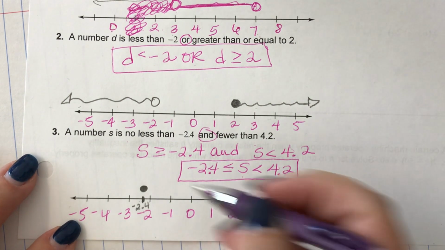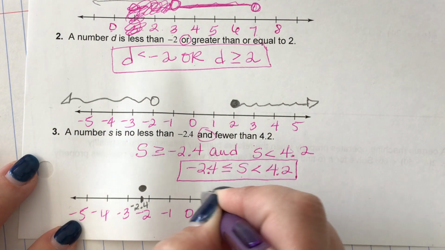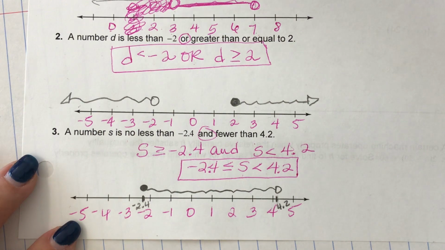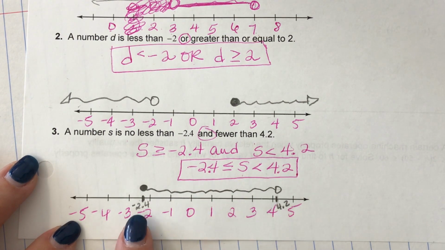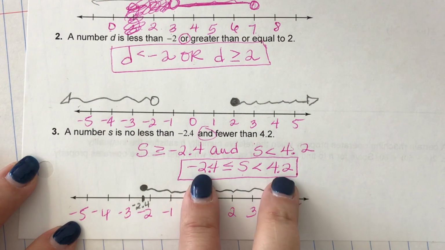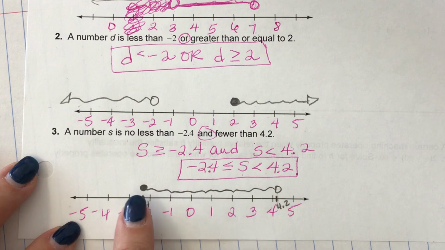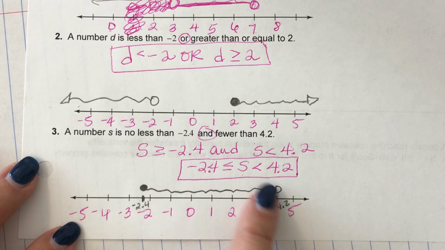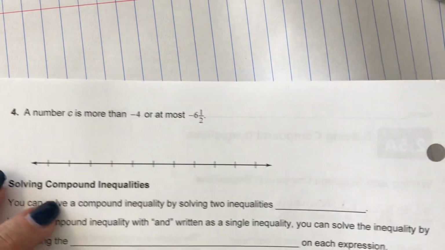So there are my boundaries, and the numbers that are going to be the solution here are the ones that are true for both, which is everything between. So you see how this mimics that. It's everything between these values. The solutions are in the middle. Your variable's in the middle. It includes this side, but it does not include that side.